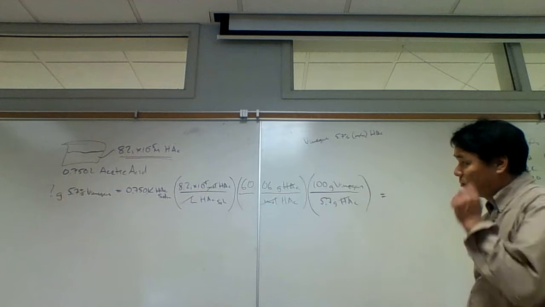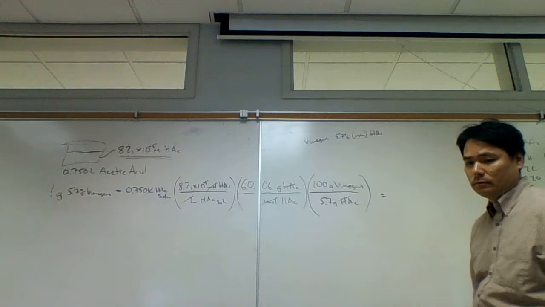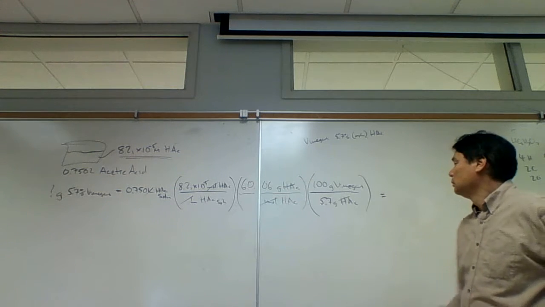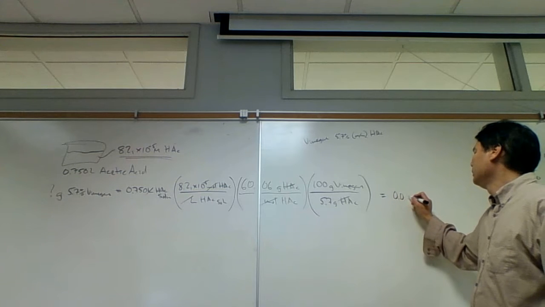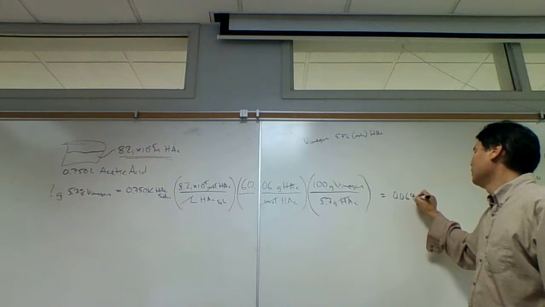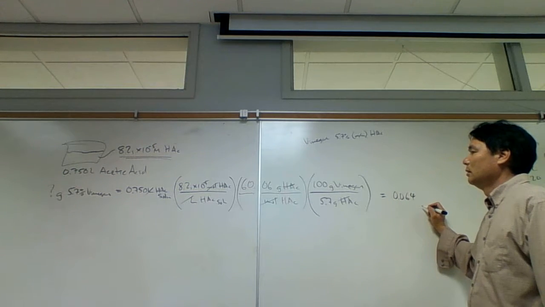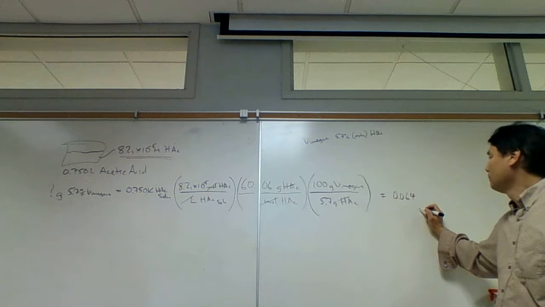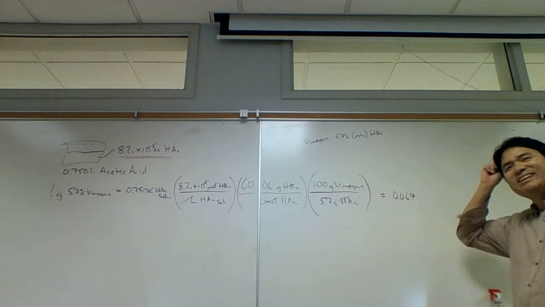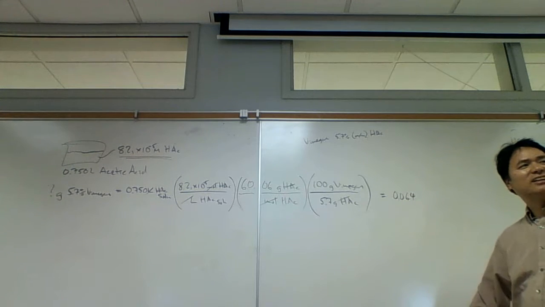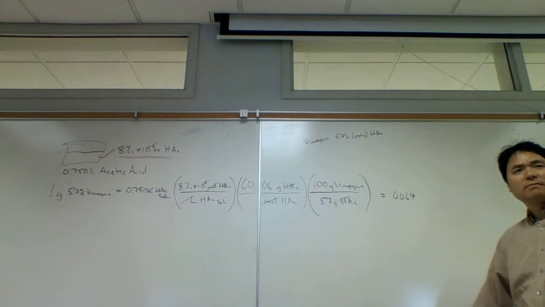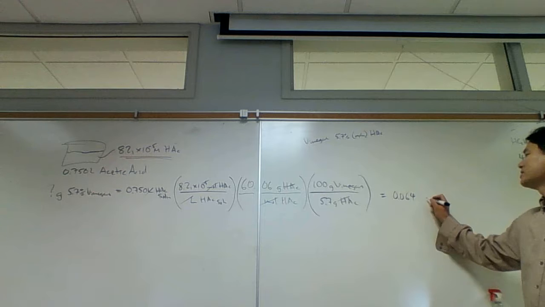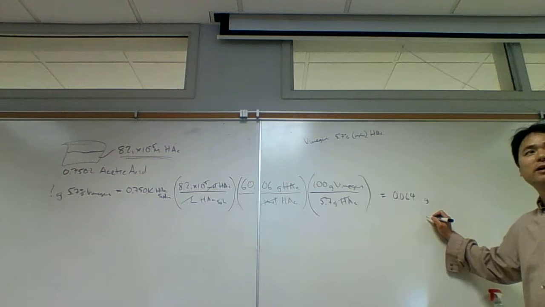So what does it come out to? 0.064. 64 milligrams? Is that right? Yeah. I mean, 0.064 grams would be 64 milligrams.